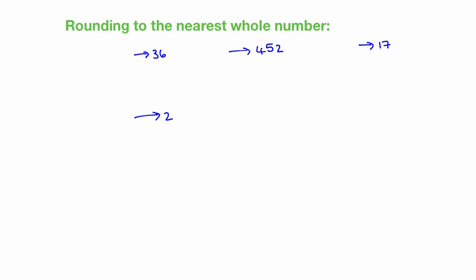Okay, so if we think of a number line, if we just have a look at 36 in the middle of a number line, then what numbers are either side of 36? Well, if 35 is here, then 37 will be there, won't it? Because our counting numbers are 35, 36, 37.